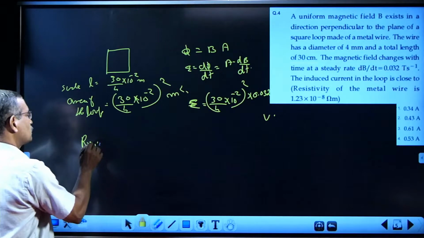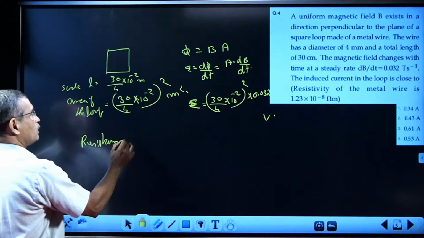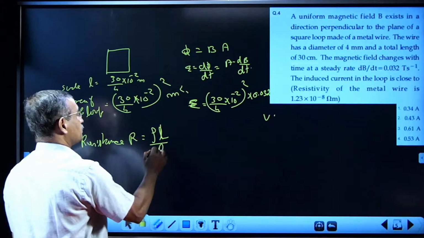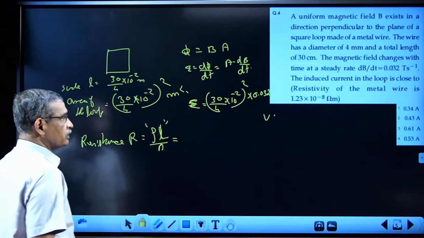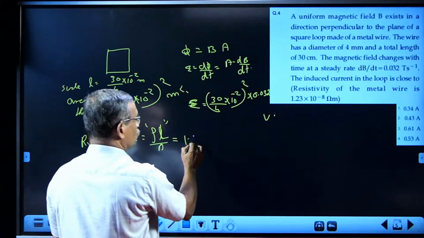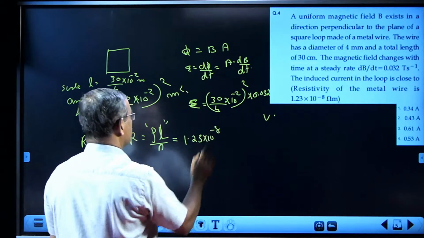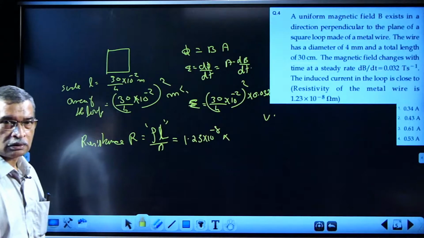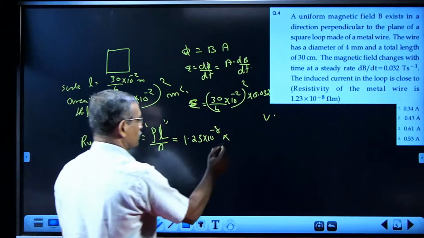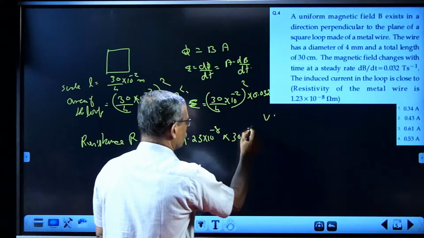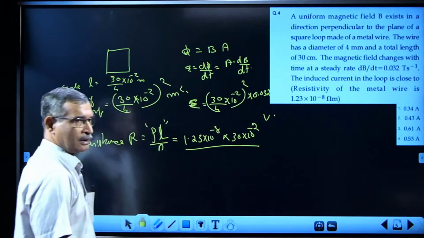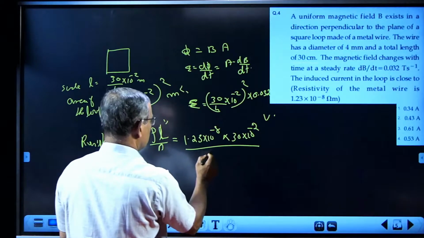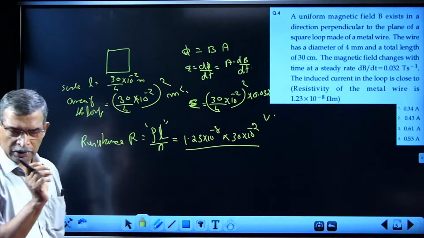Resistance of that conducting wire is given by the basic formula R = ρL/A. Rho is given as 1.23 × 10^-8, into L, where L is the length of the loop, which is 30 × 10^-2, divided by A, the area of the wire.